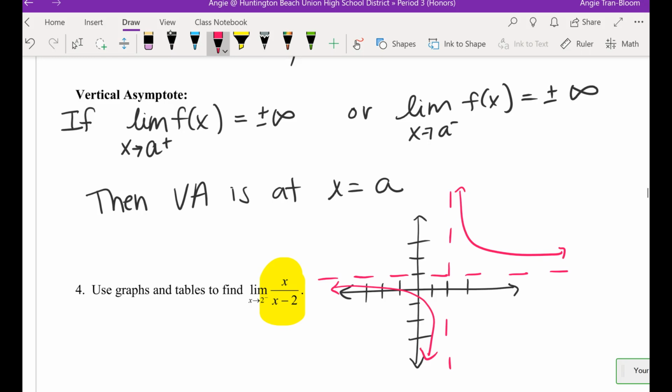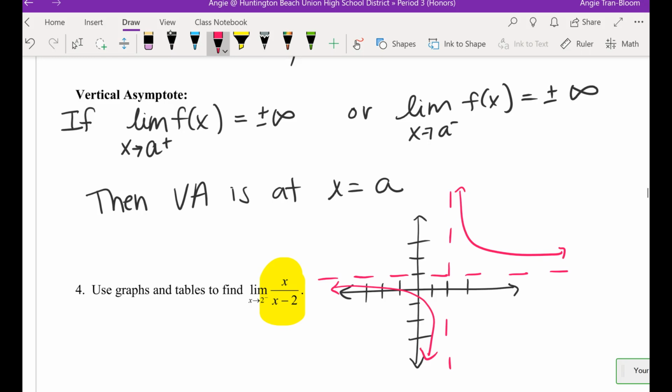So here's what it's saying. Use graphs and tables to find the limit as x approaches 2 from what direction? From the left, right? Is that plus or minus on your paper? Minus. So from the left. What's your answer coming from the left?